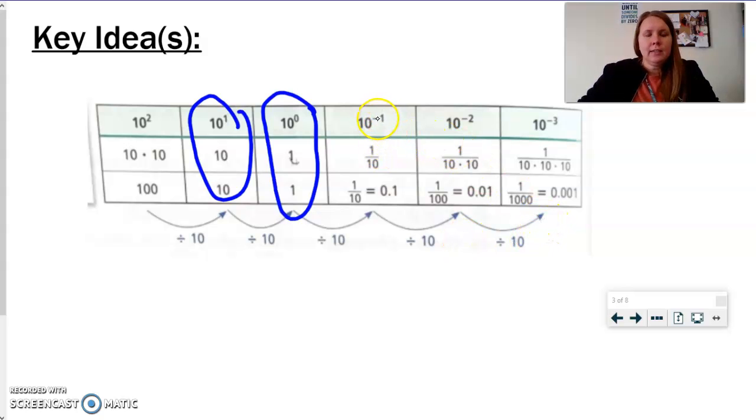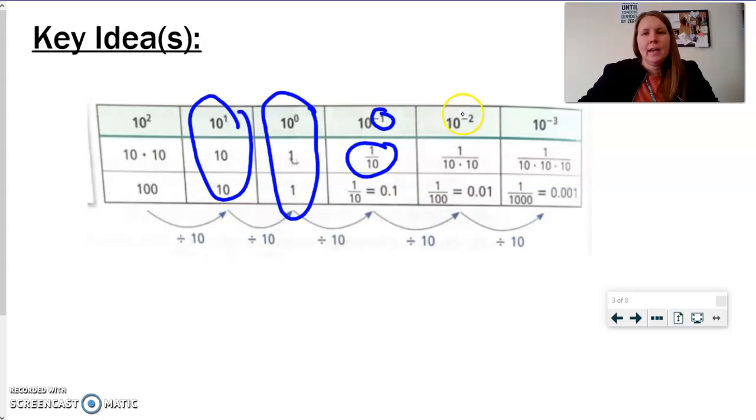So when I get negatives, part of what we're going to learn today is that those negatives need to go to the bottom. I usually don't keep negative exponents to solve them out, so what I end up doing is taking it to the bottom of a fraction. To rewrite 10 to the negative 1, it's going to be 1/10, or you can rewrite it in decimal form.